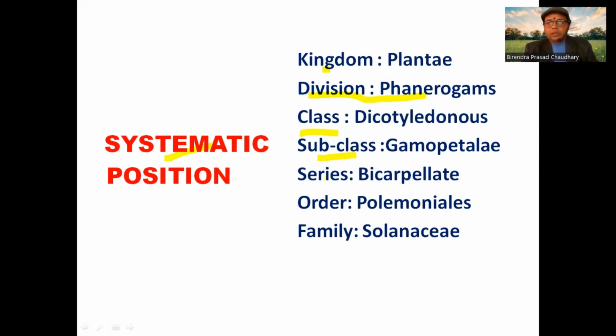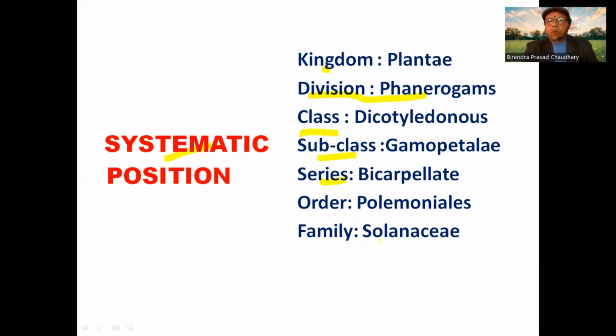In the same way, the series is Bicarpellatae. Bicarpellate means the gynoecium contains two carpels. The order is Polemoniales, and Solanaceae is the family of tobacco.